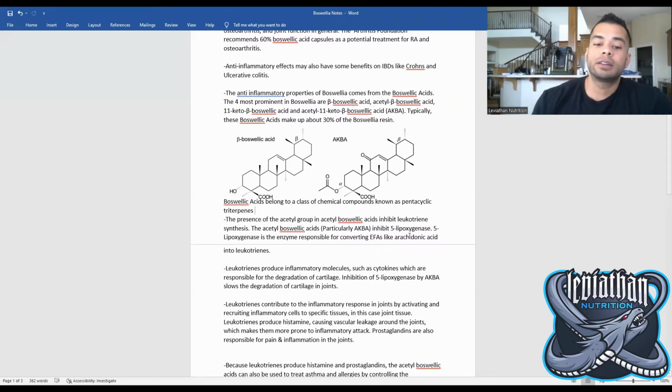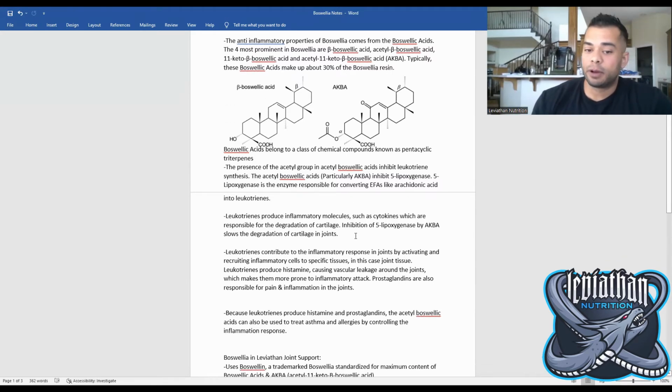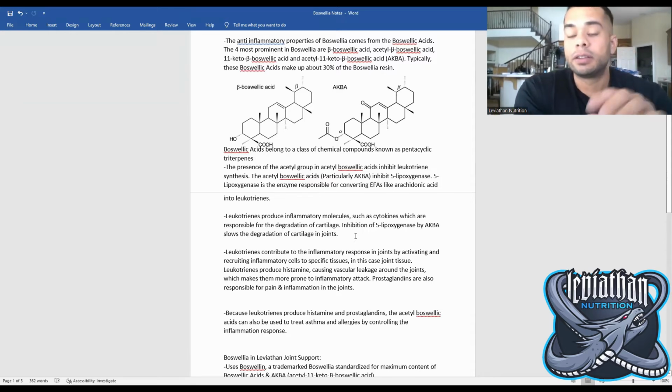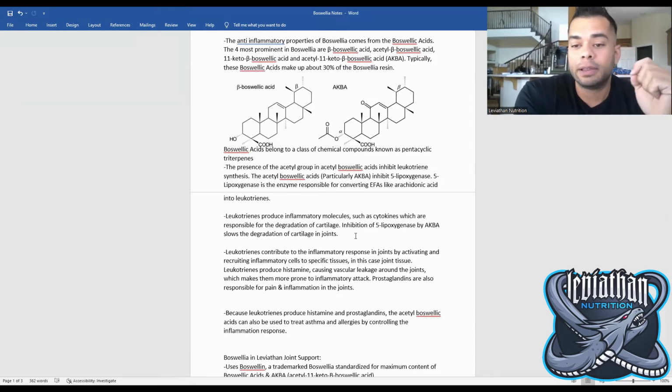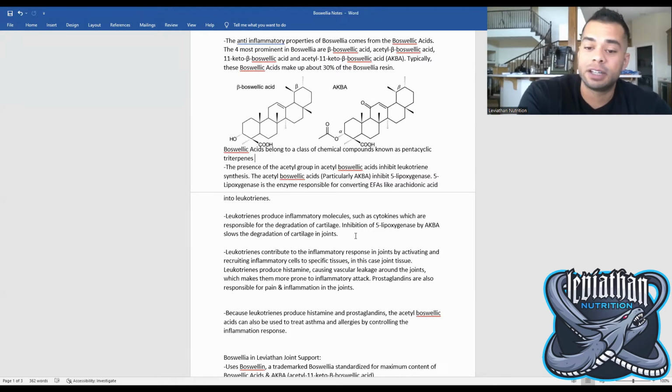These leukotrienes produce inflammatory molecules like the inflammatory cytokines that are not only responsible for a lot of the inflammation response in your body, but they are also responsible for the degradation of cartilage in joints. So inhibiting this 5-lipoxygenase enzyme, AKBA is able to slow the degradation of cartilage in joints. Again, very important when you're dealing with things like rheumatoid arthritis.